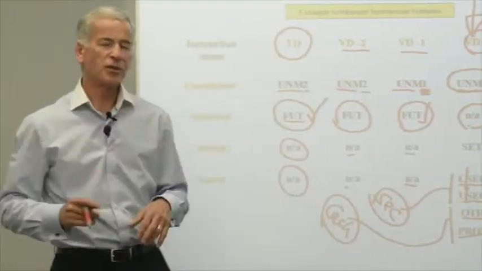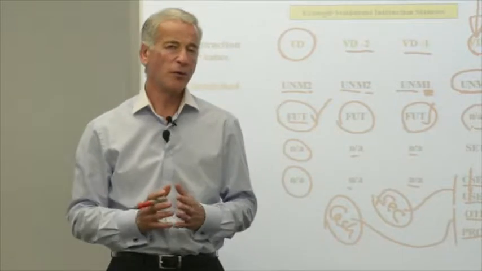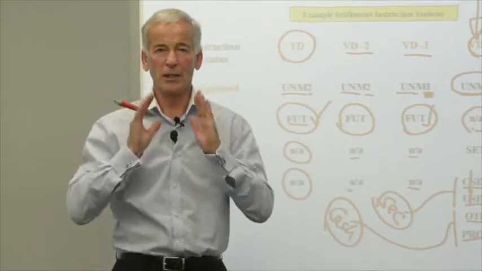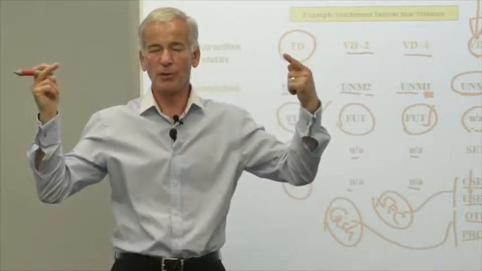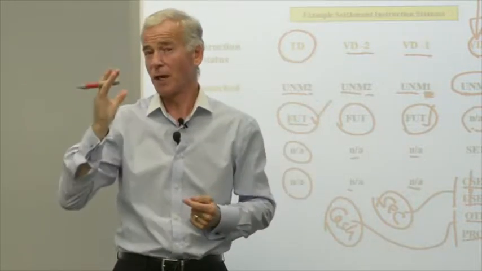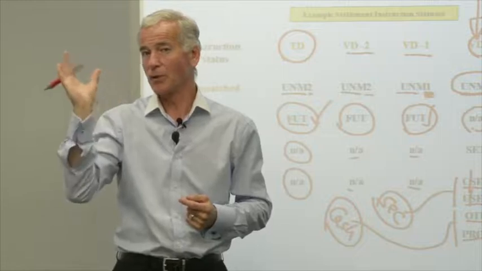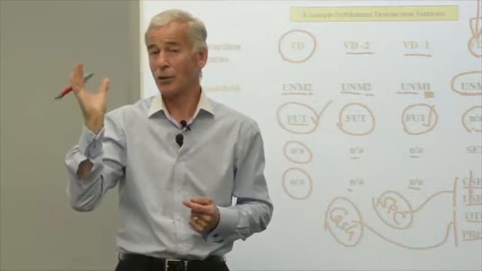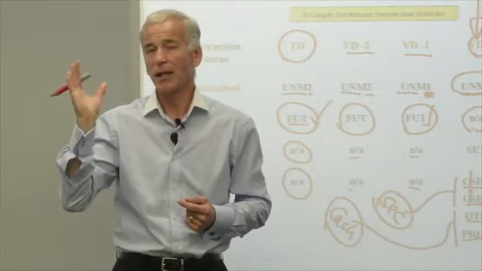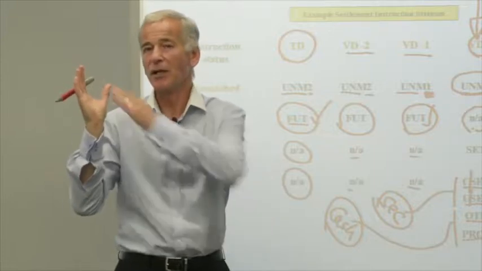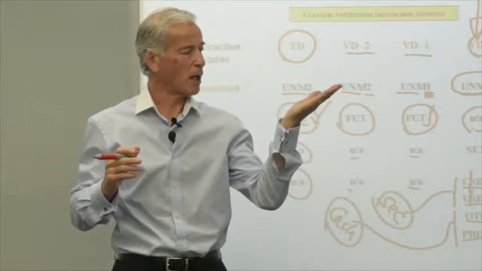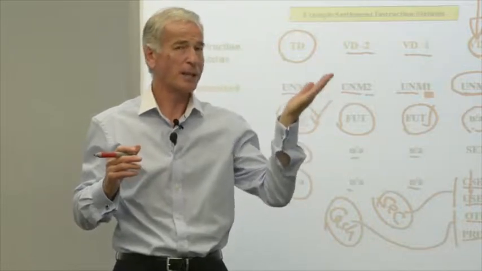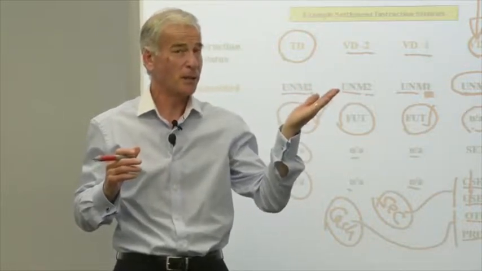The sequence that the CSD operates in, if I'm the CSD and here's the seller and here's the buyer and there are matched instructions between them, the first thing on value date I will do is to ask the question, does the seller have an adequate quantity of securities? And if the answer is yes, then I'll look at the buyer's account and ask the question whether the buyer has adequate amount of cash to pay.